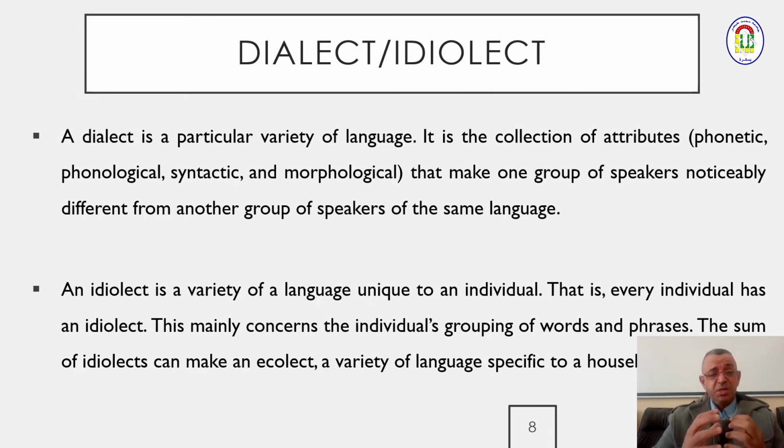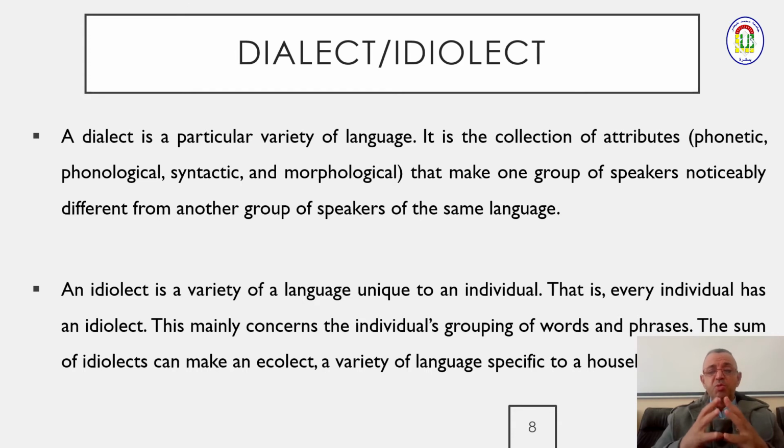But very simply, we can say that when we talk about a dialect, we talk about one aspect of language variation among a speaker or among a group of speakers within the community. What is noticeable about language variation? It could be at different levels: phonetic or phonological levels, syntactic levels, or morphological levels, or all of them.